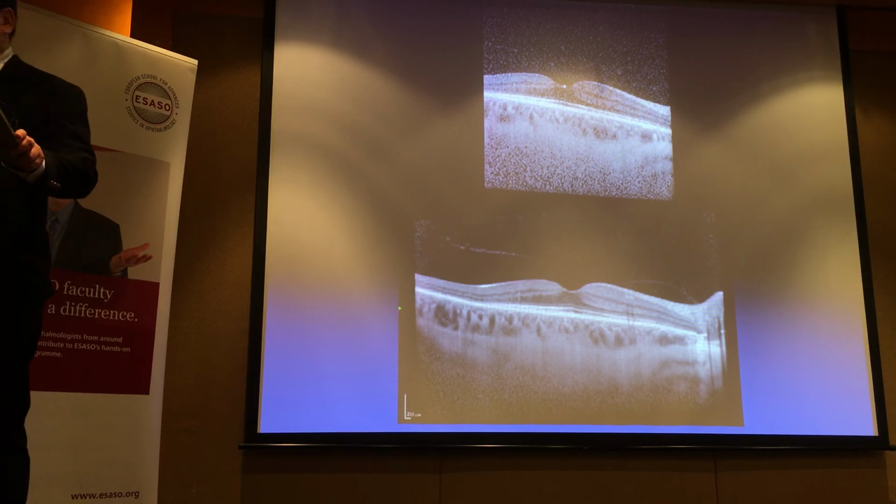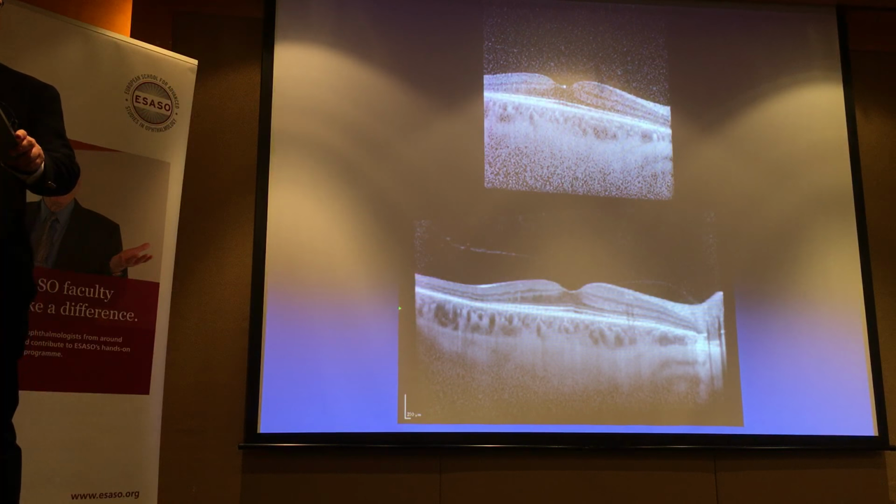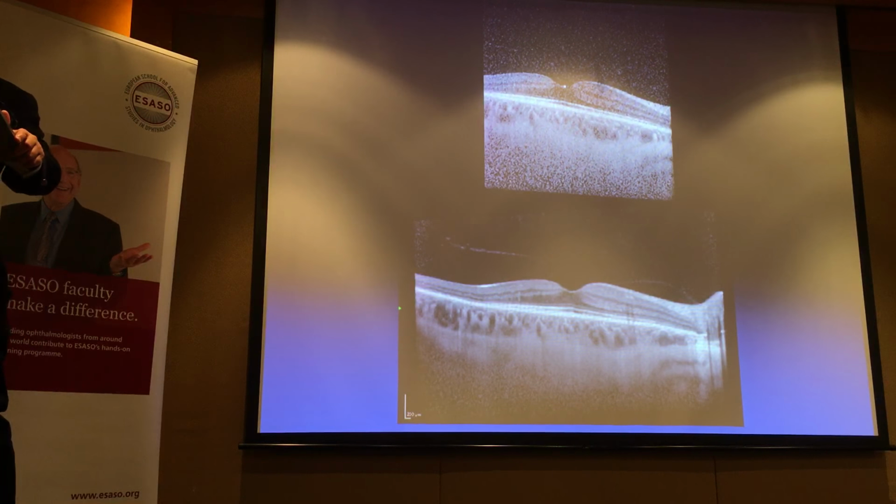Of course, does that mean everybody gets a wider scan with as many cuts as you can? Not necessarily. That's what you need to use your clinical judgment. You know what you're looking for.